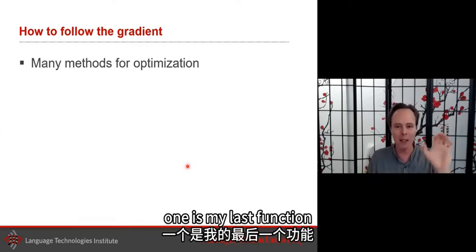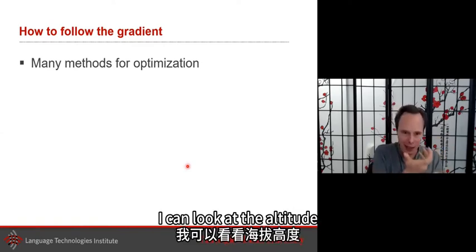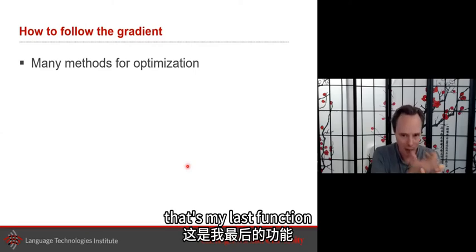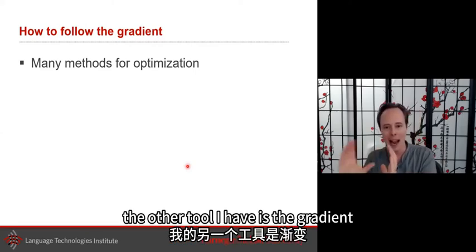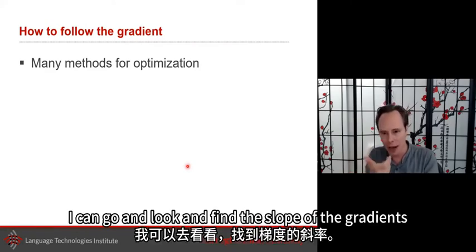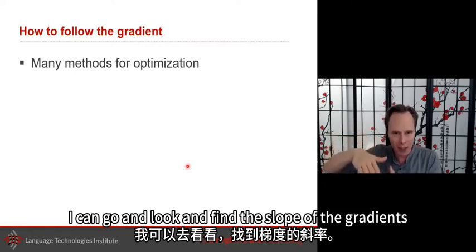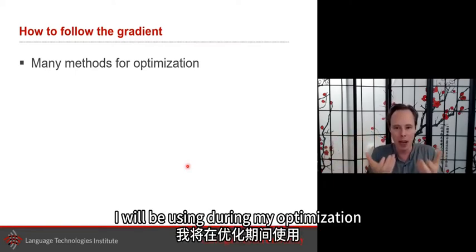One is my loss function. At any point in time in Switzerland, I can look at the altitude. That's my loss function. The other tool I have is the gradient. At any point in time, I can look and find the slope of the mountains. These are the two tools I will be using during my optimization.